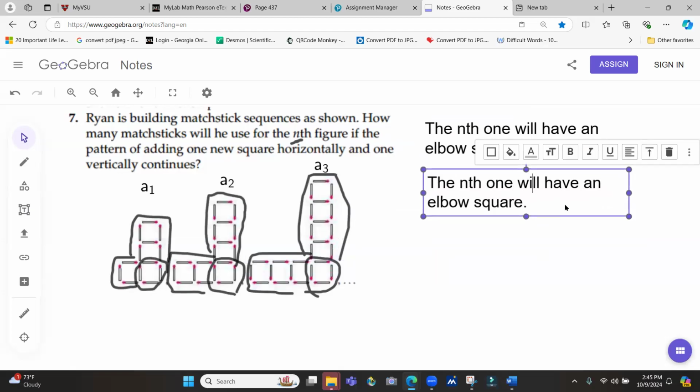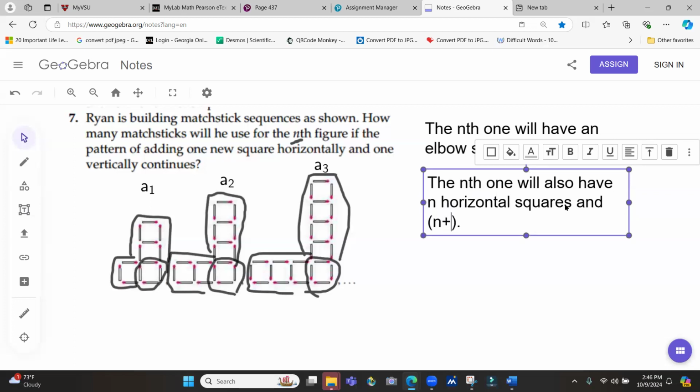It will also have N horizontal squares and, now I have to be careful, N plus 1 vertical squares.